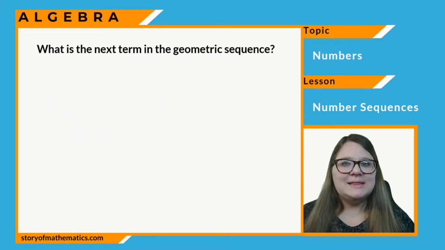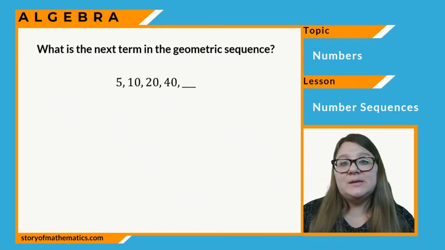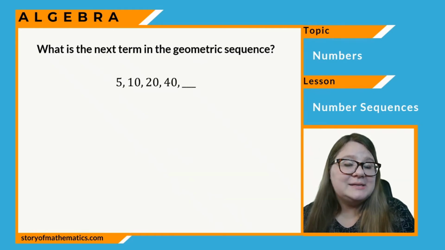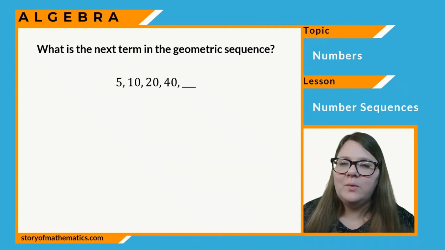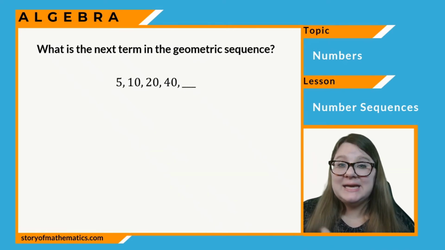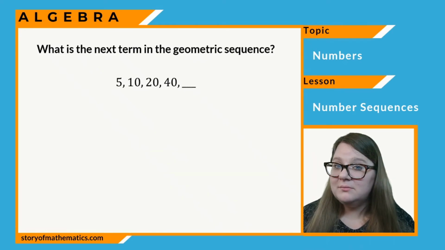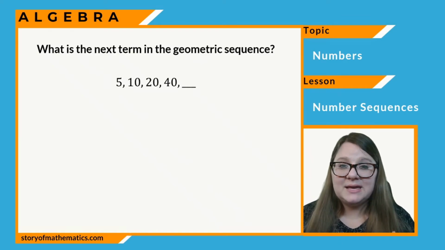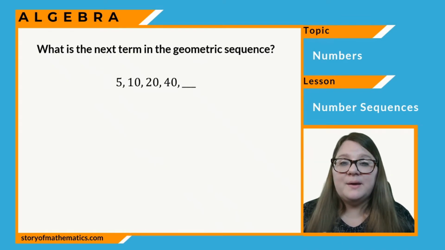So let's take a look at this example. Let's say I give you the sequence 5, 10, 20, 40, and I want to know what number would come next. Well, I need to find the common ratio. So I'm going to take the second number and divide it by the first one, the third number divide by the second one, the fourth number divide by the third number.